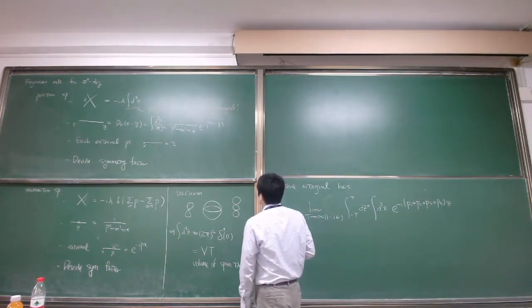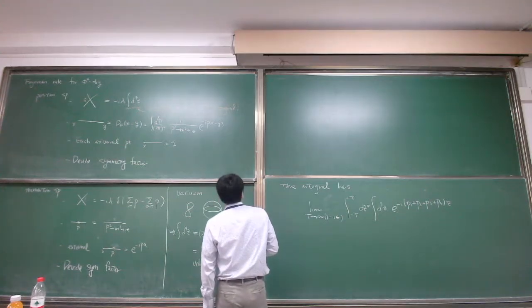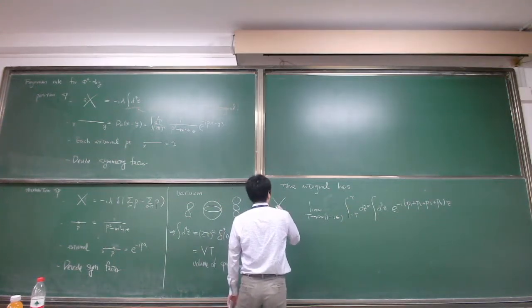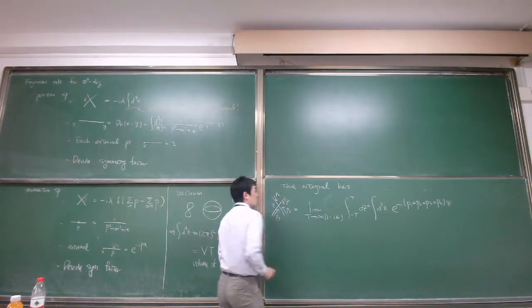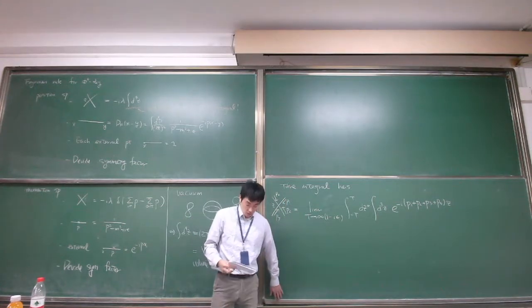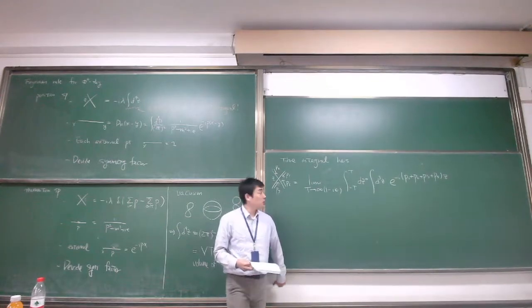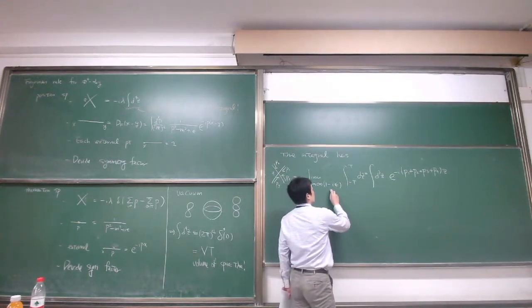With P1, P2, P3, and P4, you will get this kind of integral. And the question is how to deal with this i epsilon.